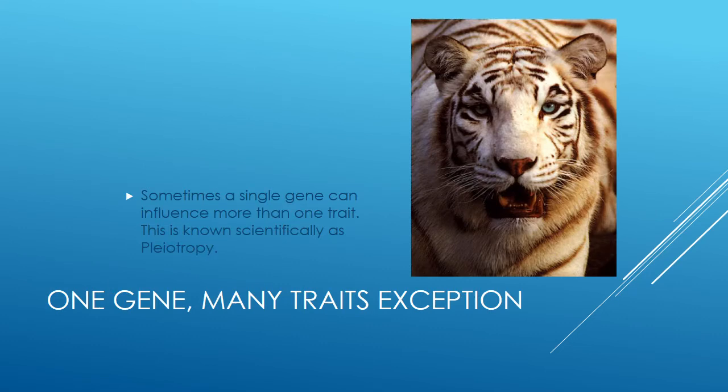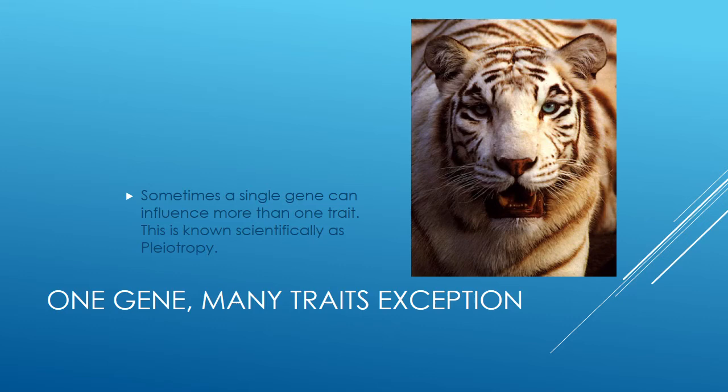All right, another exception. There's one gene, many traits, where a single gene can influence more than one trait in an organism or can be linked to other traits in an organism. The example that's being pictured there is in large cats, fur color, eye color, and hearing are all linked together.